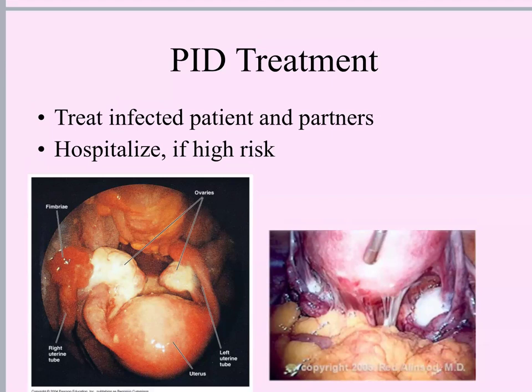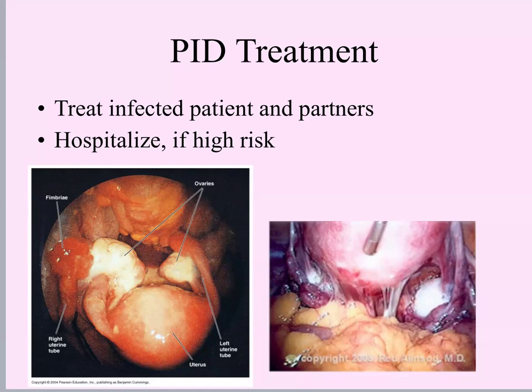So that is PID. Also, education goes a long way: educating people about barrier protection, such as condoms, and the importance of being screened for STIs before they engage in sexual activity.